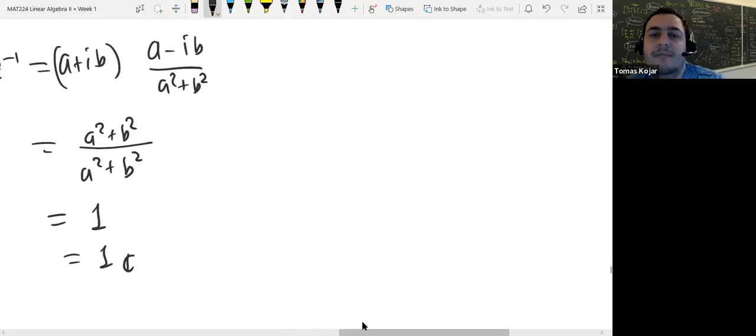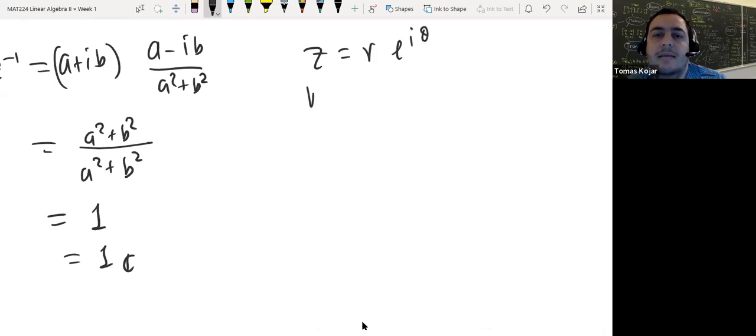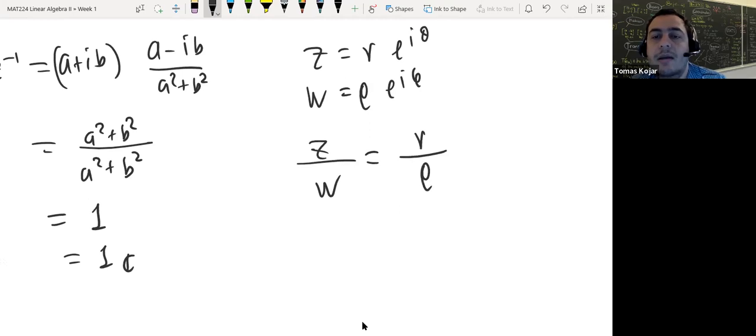Suppose you have z equal to r e^{i theta} and w equal to rho e^{i phi}, and you want to divide them, then this is just r over rho times e^{i(theta minus phi)}. So that's another way. Is that okay? Okay, good.